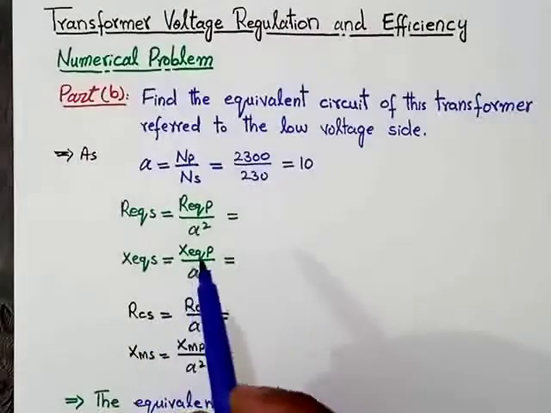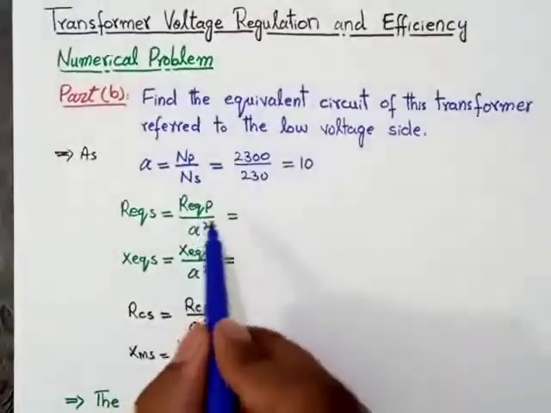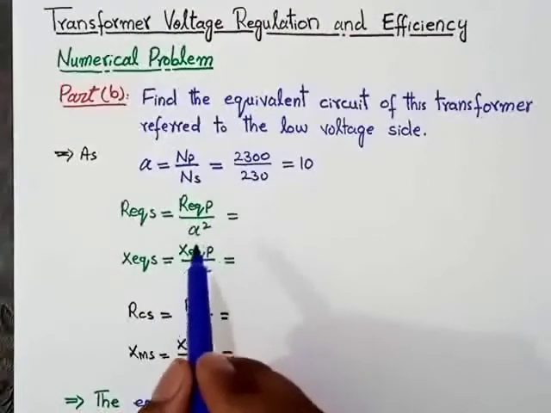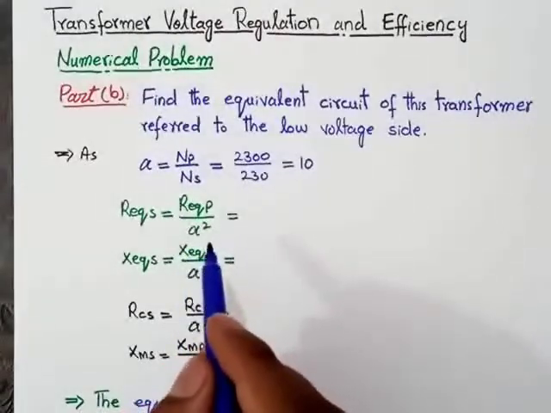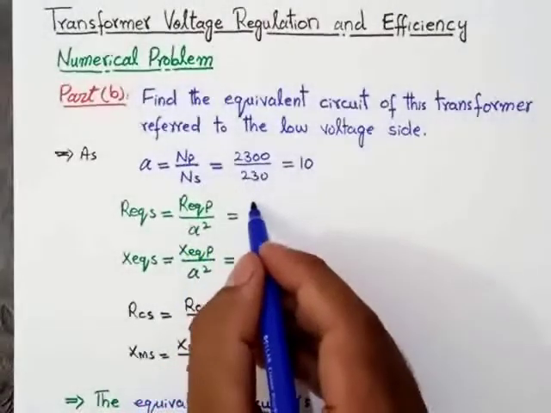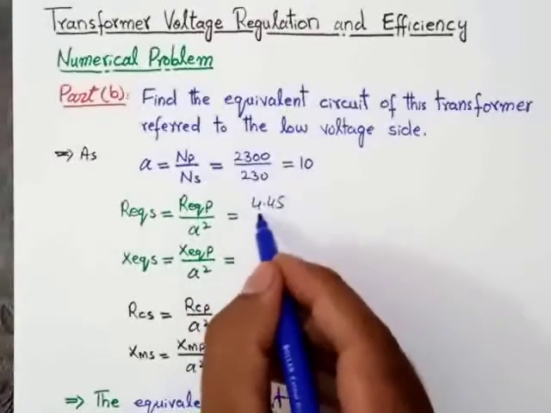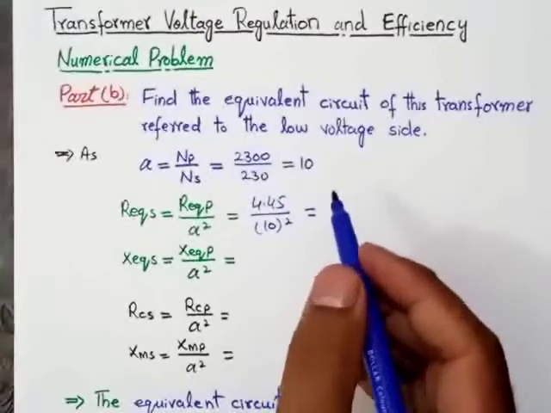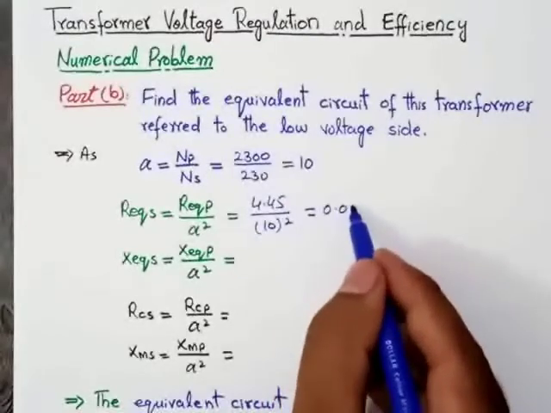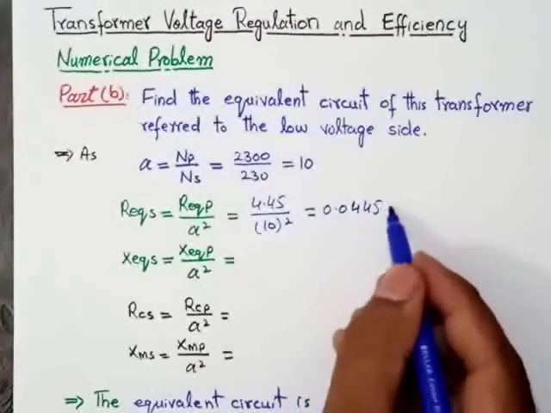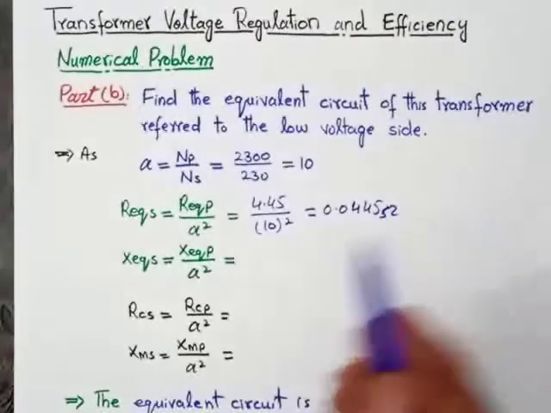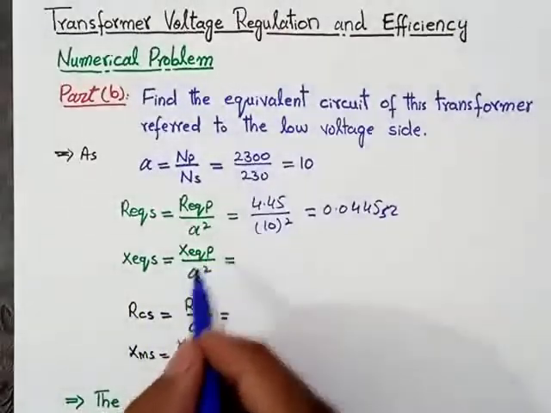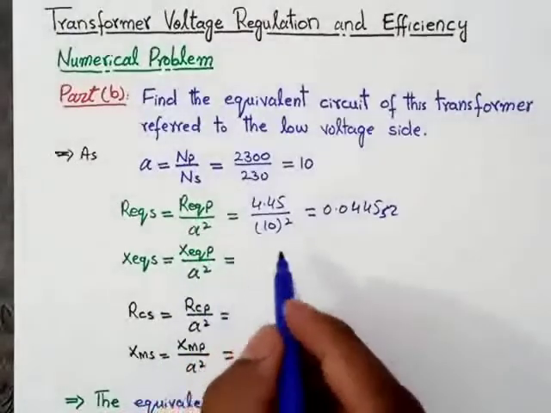So R equivalent secondary will be equal to R equivalent primary divided by a squared. R equivalent primary is given here: 4.45 divided by 10 squared, which equals 0.0445. And X equivalent secondary will be equal to X equivalent primary divided by a squared.